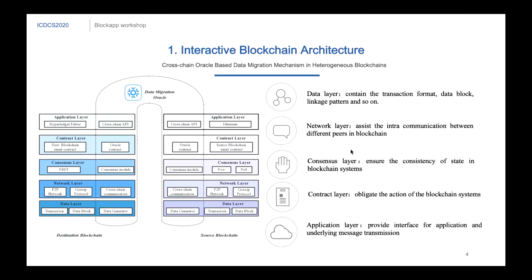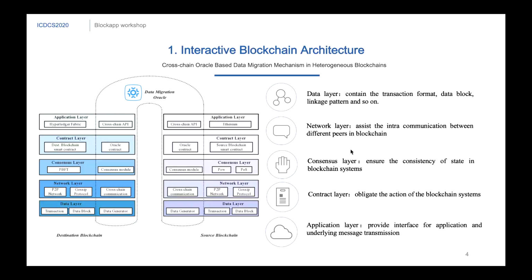And each layer is very essential in this architecture. For example, the data layer contains the transaction format, data block, linkage pattern, and so on. Different blockchains inevitably differ in the above features. Data management is an essential task in a blockchain system. The data generator in the source blockchain is responsible for extracting information data from the data block and delivering a data package.